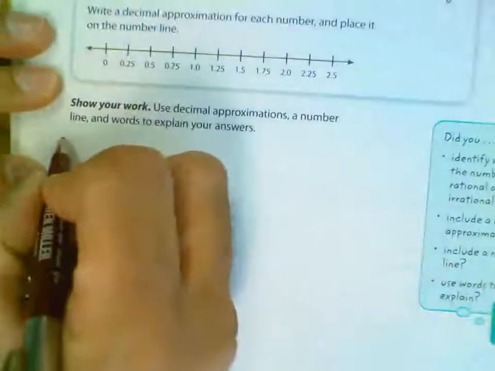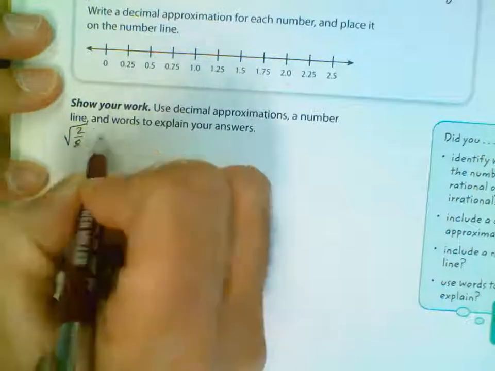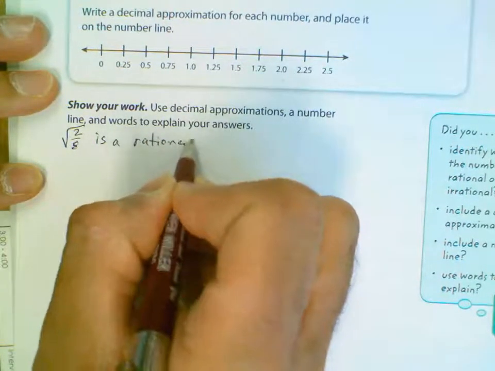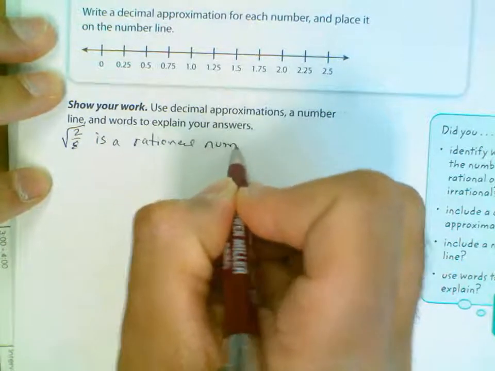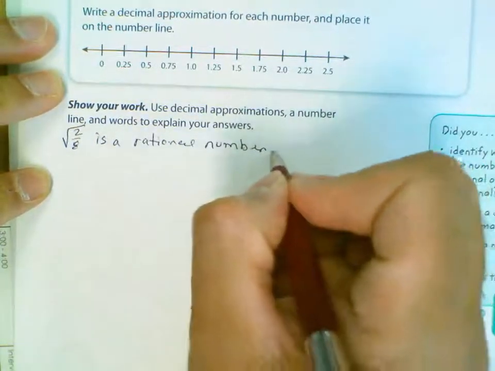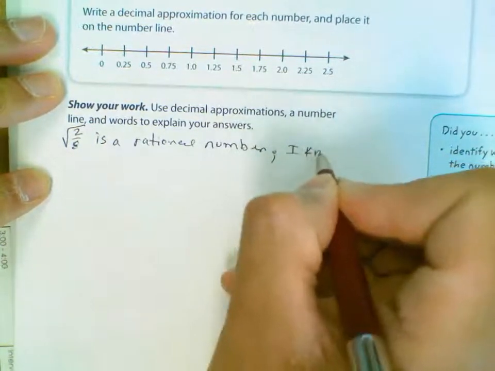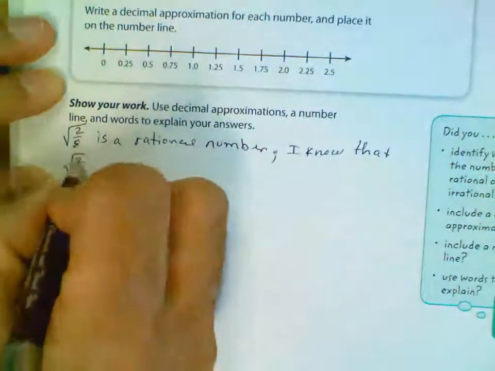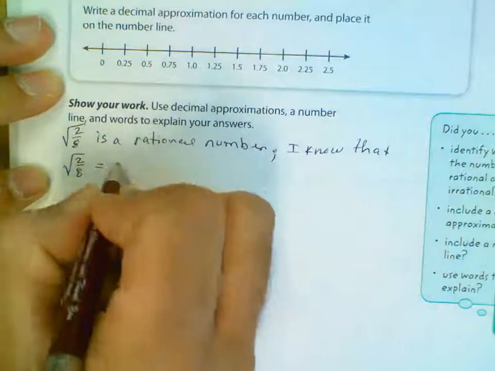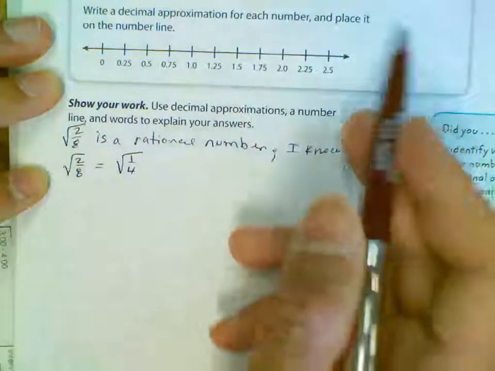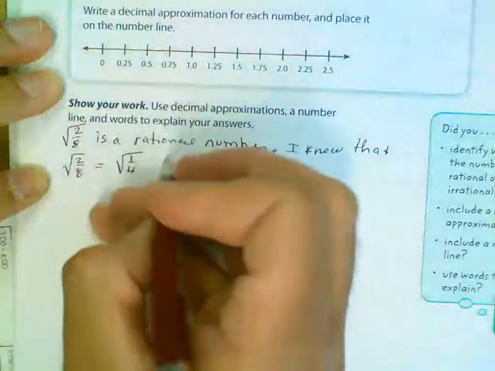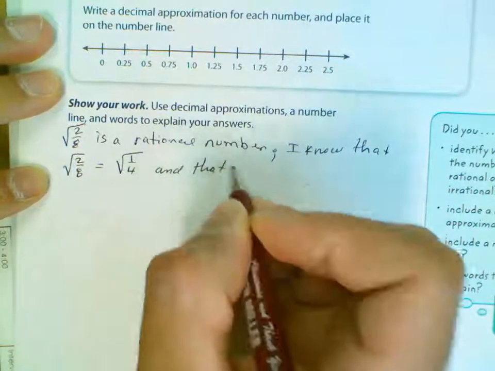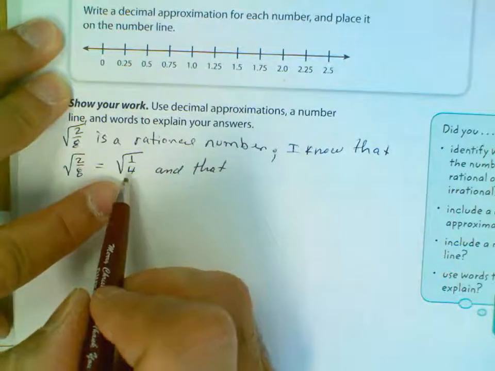For the first one, the square root of 2/8 is a rational number. I know that. The square root of 2/8 is equal to the square root of 1/4. See the steps that I took over there? I'm going to follow a different step here.